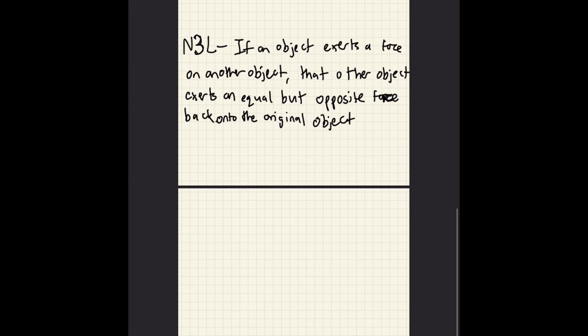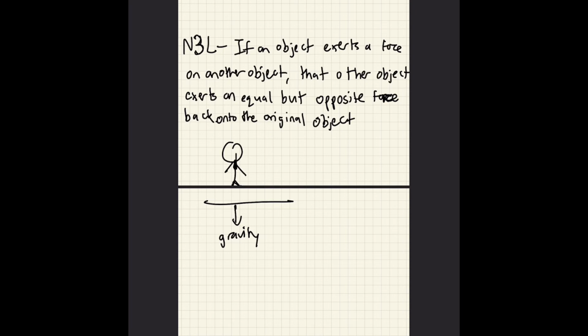So basically, if I am standing here on top of the floor, right, I'm exerting a force on the floor because gravity is pushing me down. Okay, gravity is pushing me down, so I'm pushing on the floor with the force of gravity. But Newton's third law says that because I'm pushing on the floor with the force of gravity, then the floor also pushes on me.